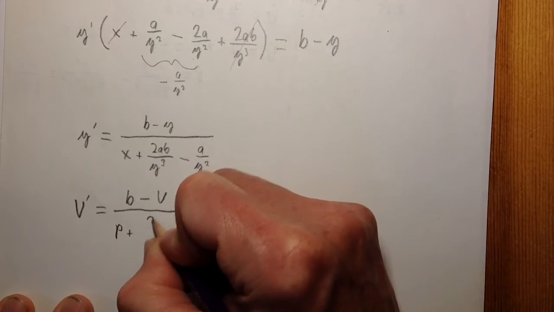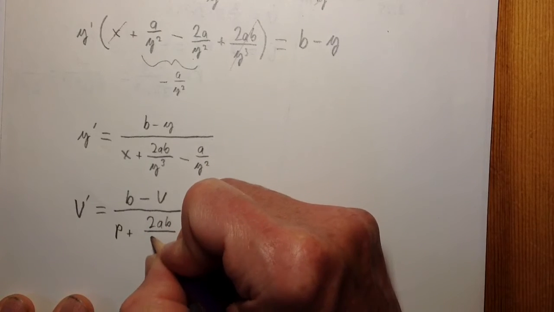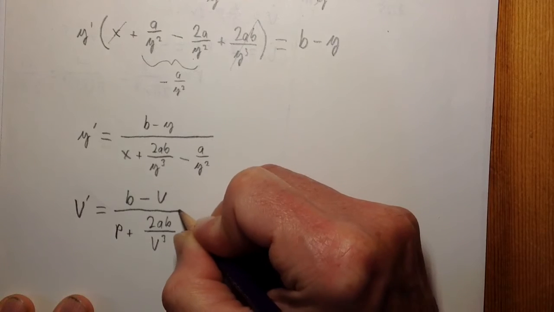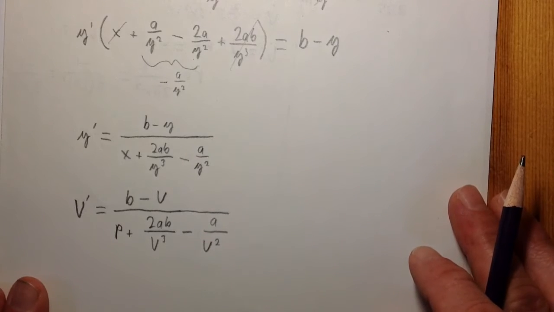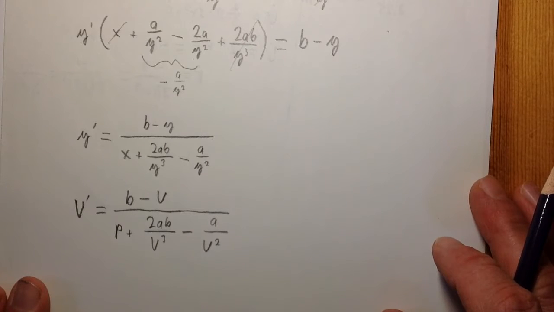P plus 2ab over, let's see, y cubed is v cubed, minus a over v squared. And that looks like what they got. They just switched the order of those two. So that's basically just implicit differentiation. This problem is just dealing with implicit differentiation.